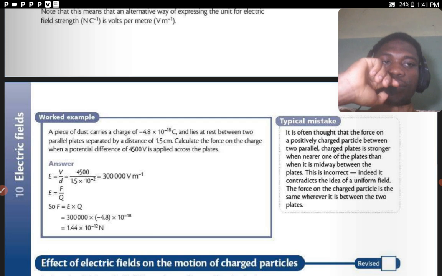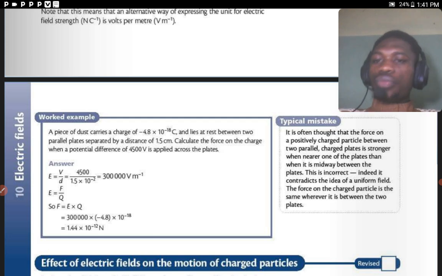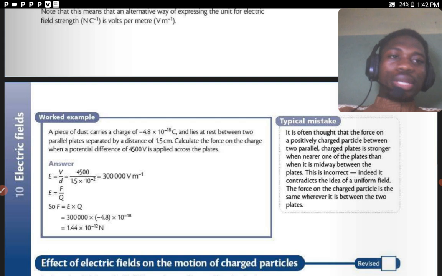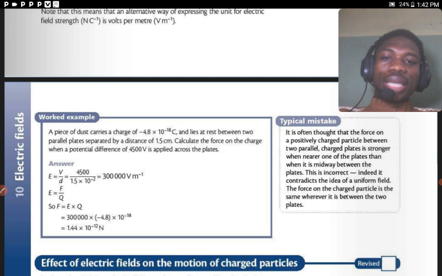All right. Okay, good. We look at an example on that. A piece of dust carries a charge of negative 4.8 times 10 to the negative 18 coulombs and lies at rest between two parallel plates separated by a distance of 1.5 centimeter.